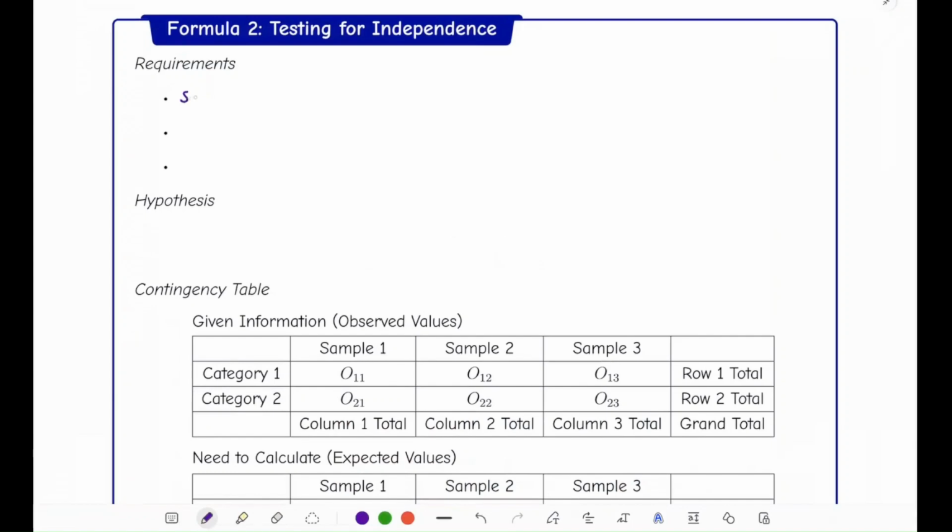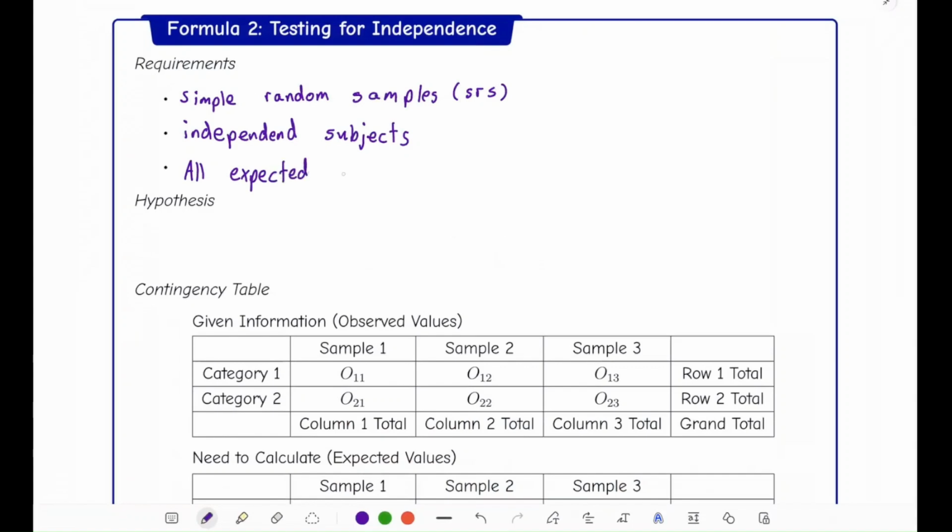The requirements are simple: random samples, independent subjects, and all expected outcomes greater than or equal to 5.